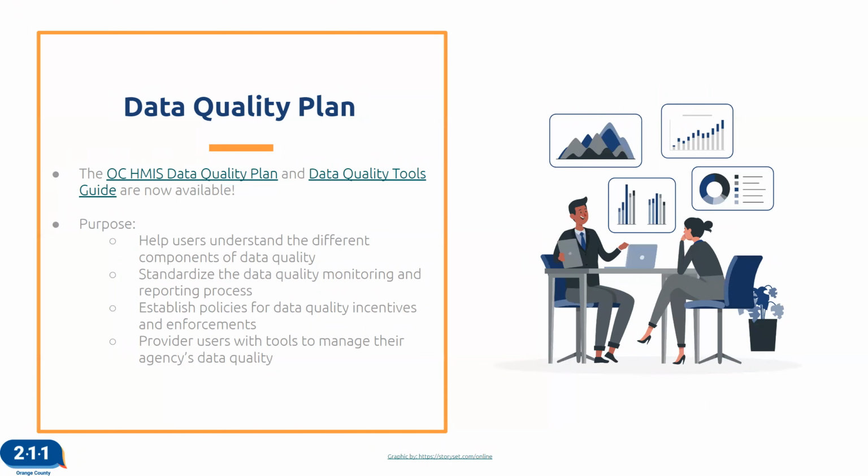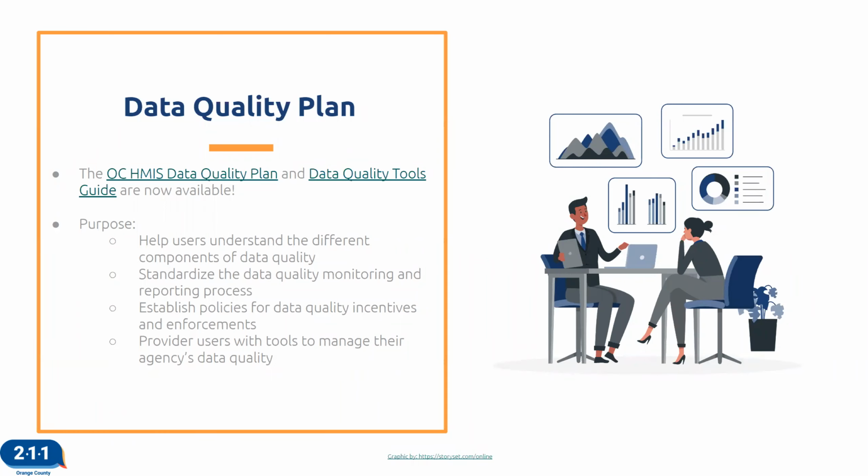So the CoC board approved the data quality plan and data quality tools guide. Both of these documents have been under development for a little while and have been shared at previous data meetings, but I wanted to go over the final product with everyone.